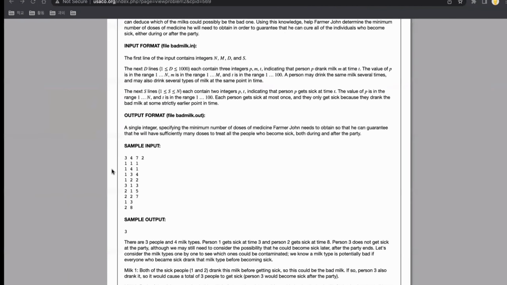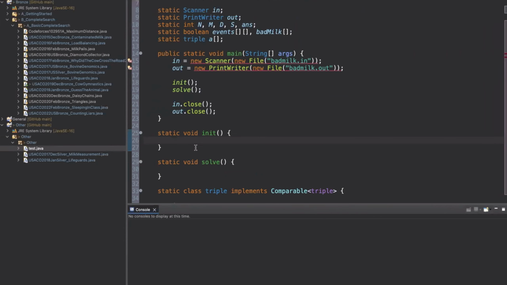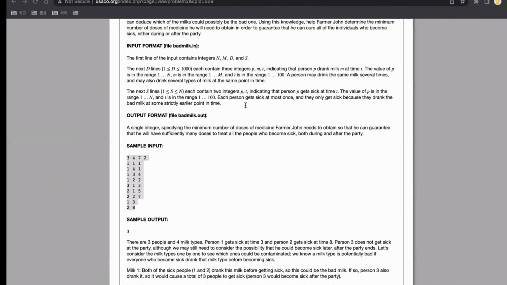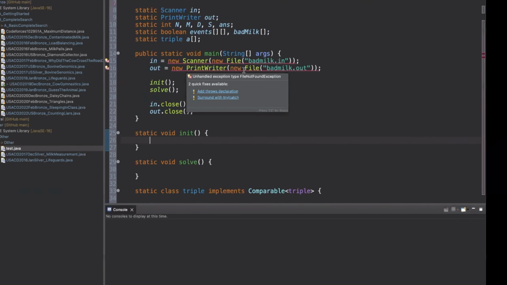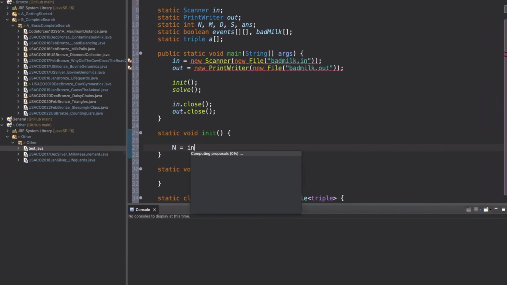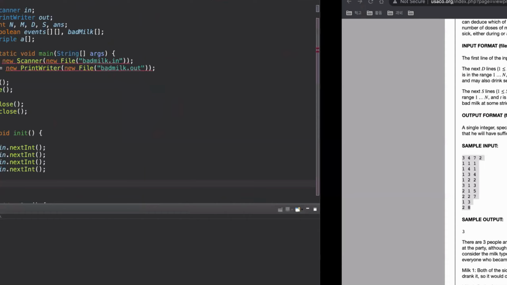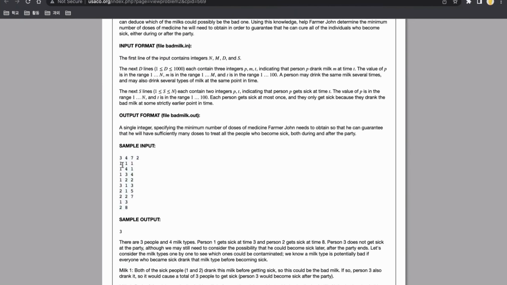So from the sample input, since we have NMDS at first, we will do that. And after, we're going to use a for loop to bring in or initialize the rest of these.